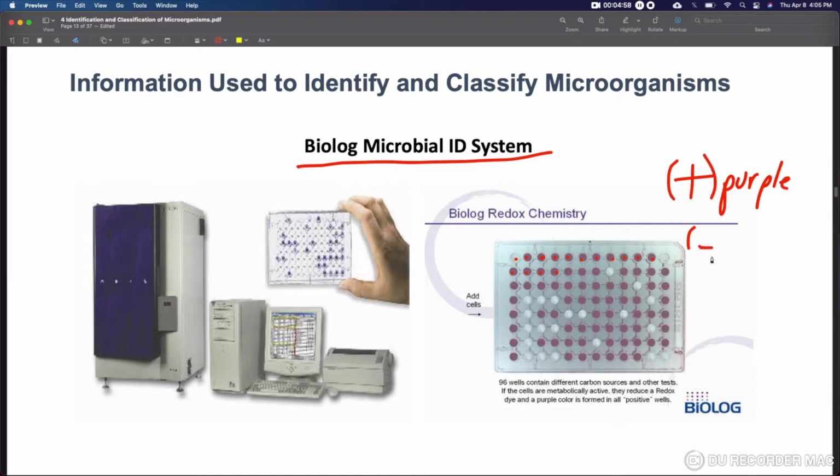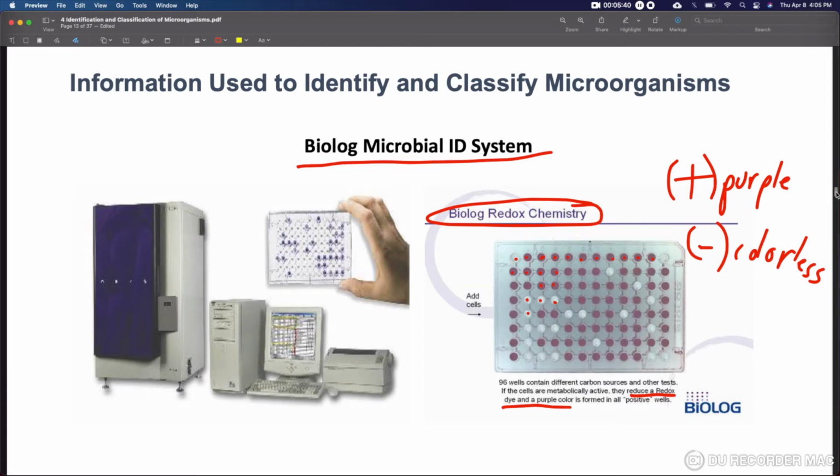If it's negative, it will be colorless because your Biolog microbial ID system relies on Biolog redox chemistry, wherein it has a redox dye here, where a positive reaction would change the color of that redox dye. So from colorless, it will turn into a purple color. Okay? Colorless. So these are the positive reactions, these are the negative reactions right here. Okay? So that's your Biolog redox chemistry.